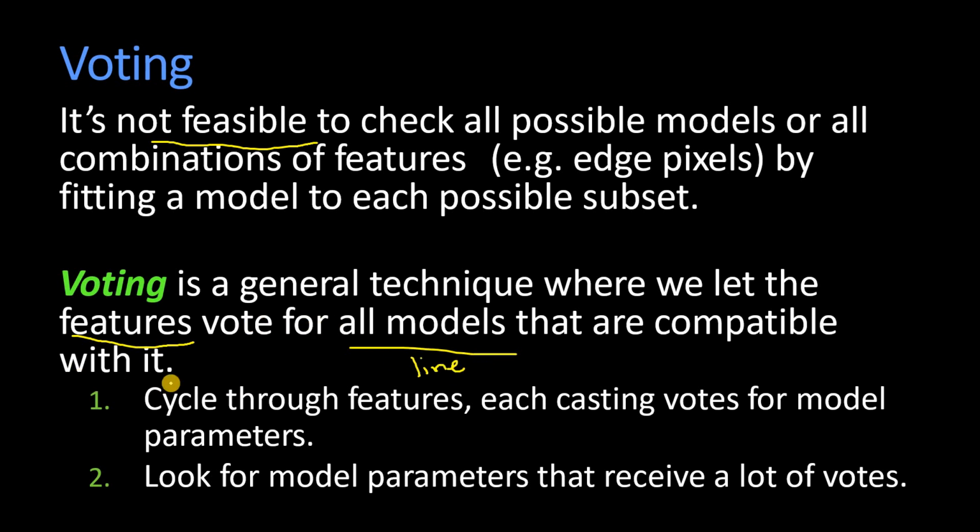So they vote for all models that are compatible with it. The features vote for the model values that they like, and you cycle through all the features, all the edge pixels, and each will cast a vote for the model parameter, and at the end you will look for the model parameter that receives a lot of votes.